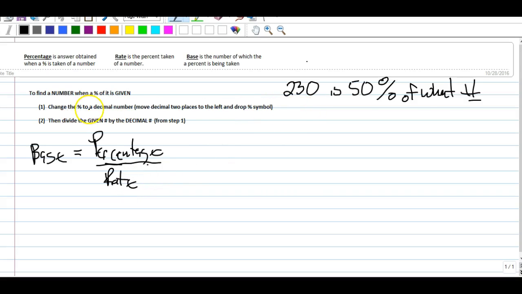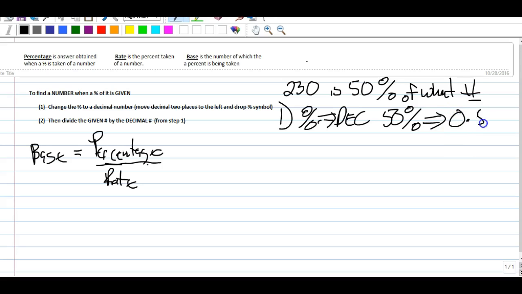So if you use these rules, then you really do not have to remember these formulas. So the first thing I'm going to do is I'm going to take my percent and change it to a decimal number. So my percent is 50%, and if I express that as a decimal number, that's 0.50.